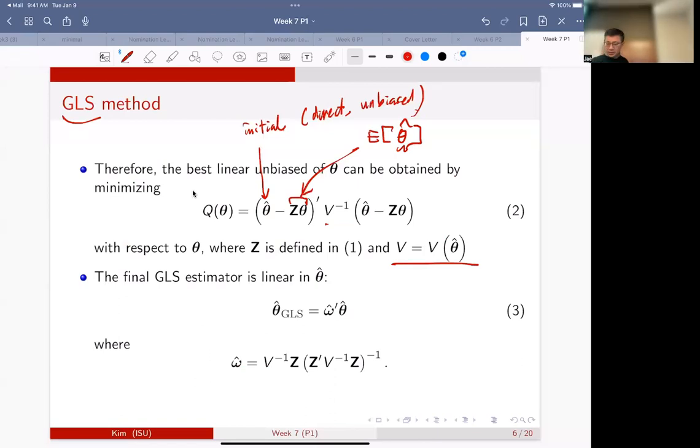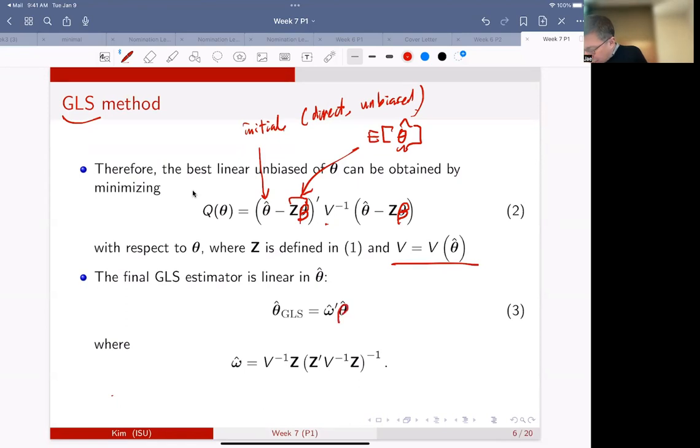But the idea is basically the GLS estimator. Oh, oops, sorry. The notation is a little bit confusing, but let's use beta.